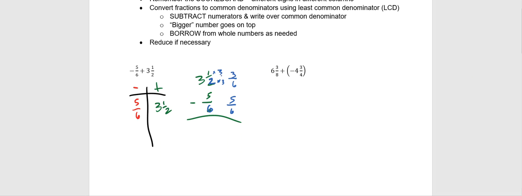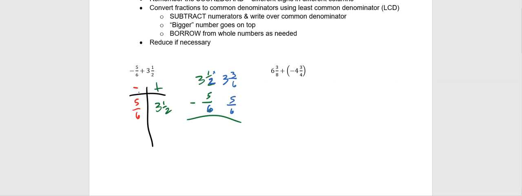So we all understand that 1/2 is equivalent to 3/6. Do not forget, as you do this, that your top number is a mixed number, so make sure you rewrite 3 1/2 as 3 3/6.